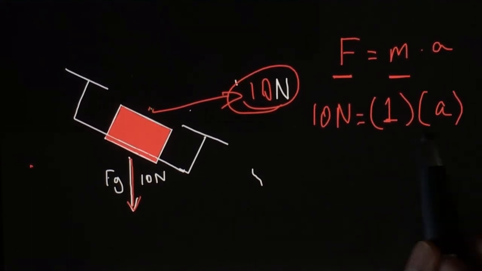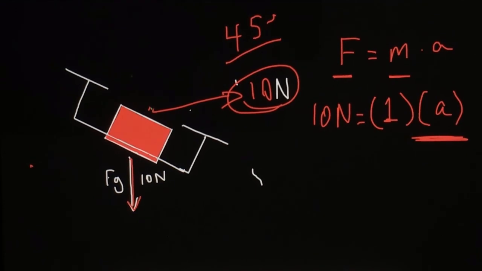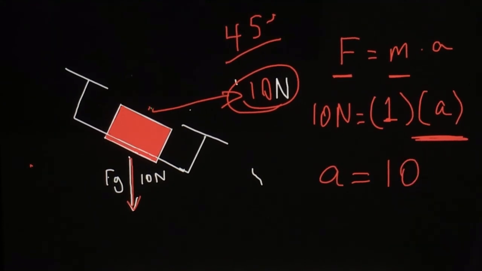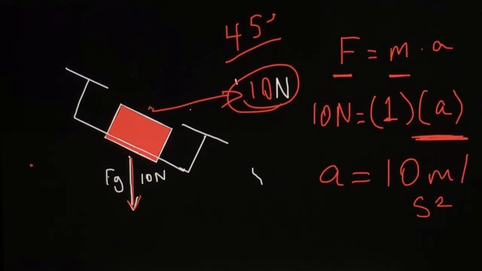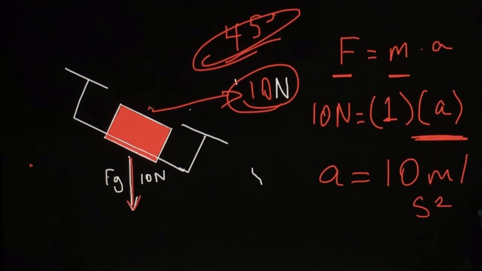So what's the acceleration of the drone right now, going at 45 degrees and moving to the right? You do the math and you find out that a equals 10. It's accelerating at 10 meters per second squared. So now you know that the drone, at a 45-degree angle, is going to the right at 10 meters per second squared.